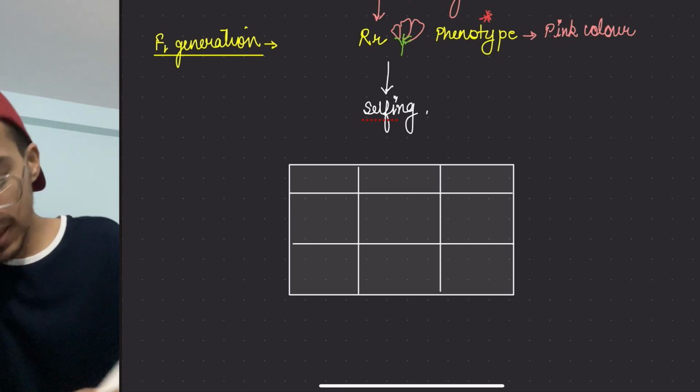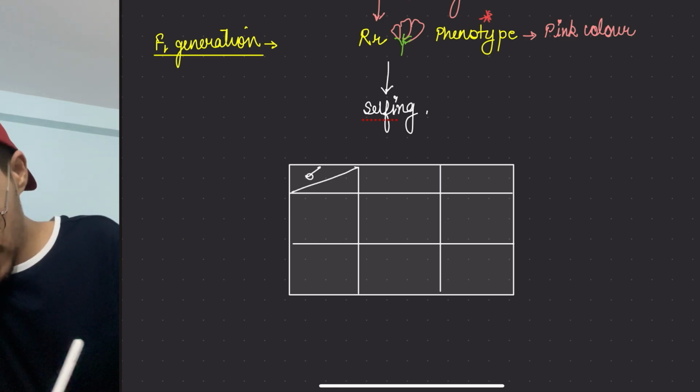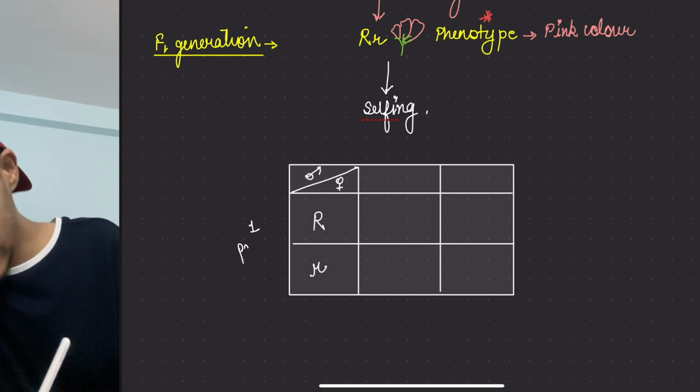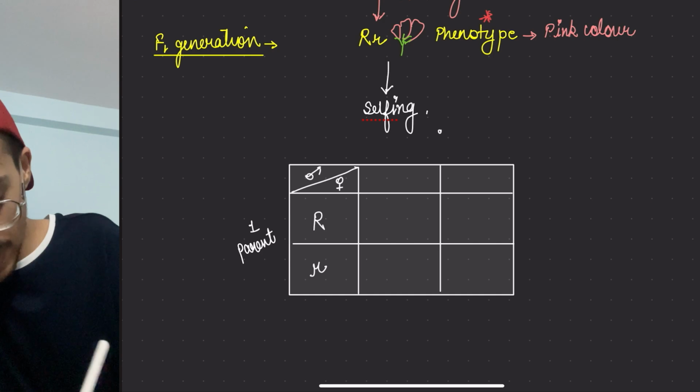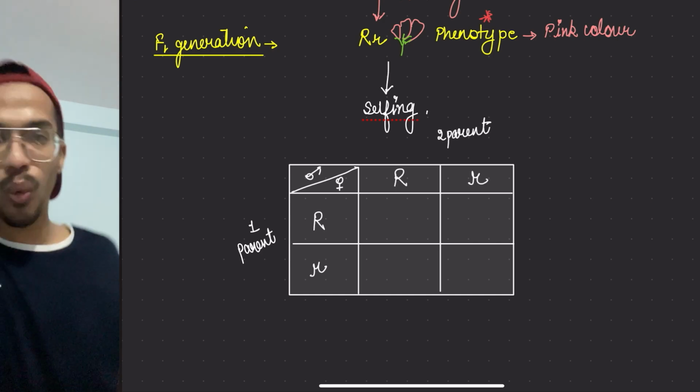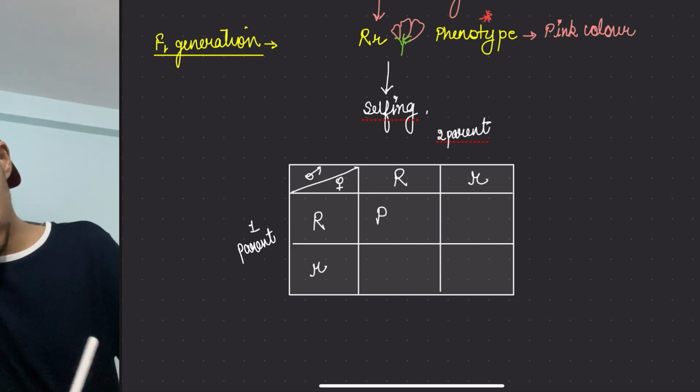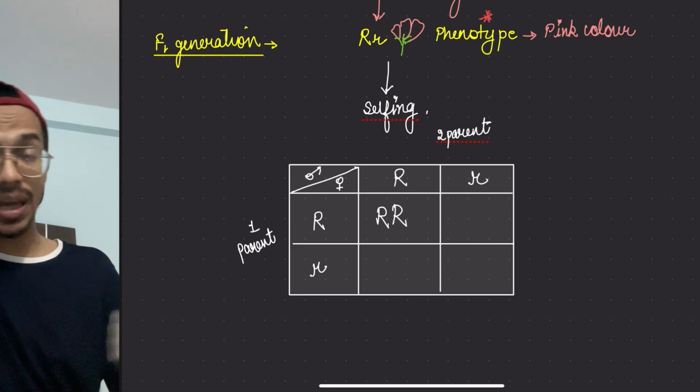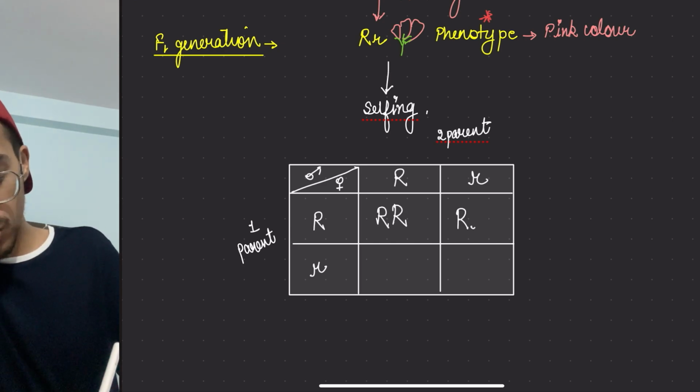So see beta, we have one parent, another parent, capital R, small r. One parent on this side I have written, second parent I am writing on this side, that is capital R, small r. What will form? This first box, capital R, small r. Sorry, capital R, capital R. This is capital R, small r, capital R, small r, small r, small r.